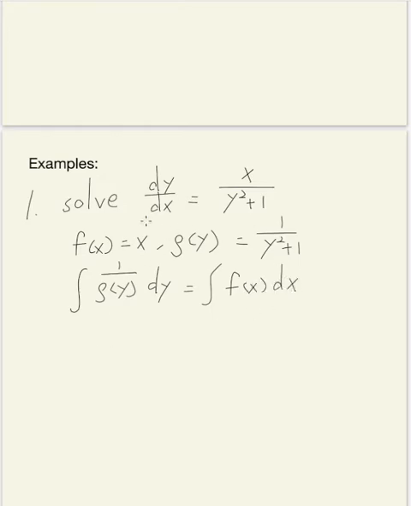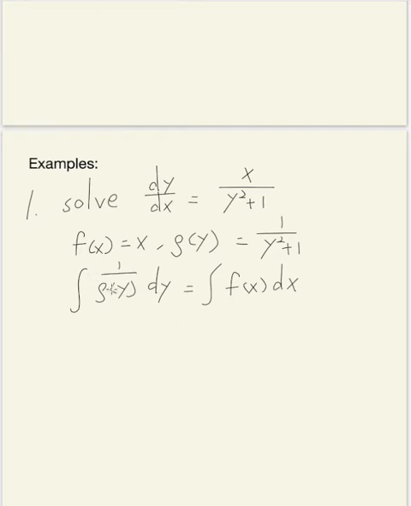In the next example, I'll skip the construction of f and g and just group the terms that depend on x and the terms that depend on y directly. But in this problem, I'm using the same formulation, f and g, and writing it out that way.